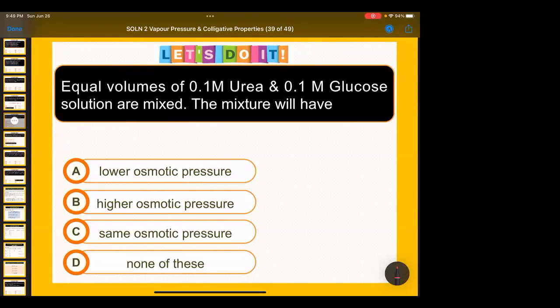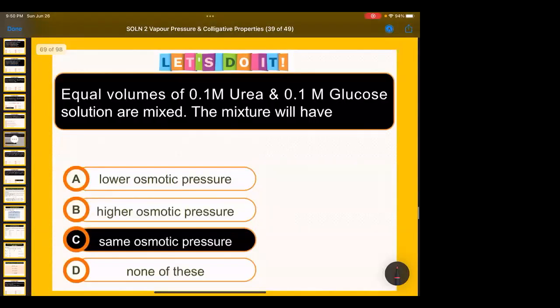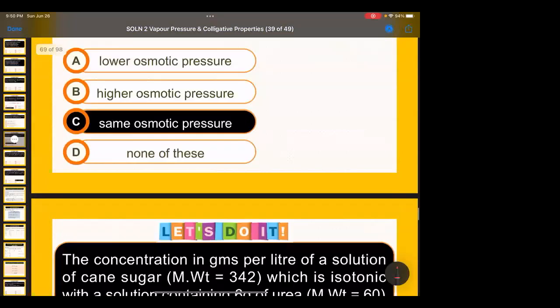It doesn't depend upon whether it is urea or glucose. It just depends upon the number of solute particles. So 0.2 mole will be there, and the total volume will be 2 liters. So the final solution is 0.2 by 2 liter. Again, the concentration is the same as the original concentration. So the osmotic pressure of the mixture is not going to change, right? So this is having the same osmotic pressure.